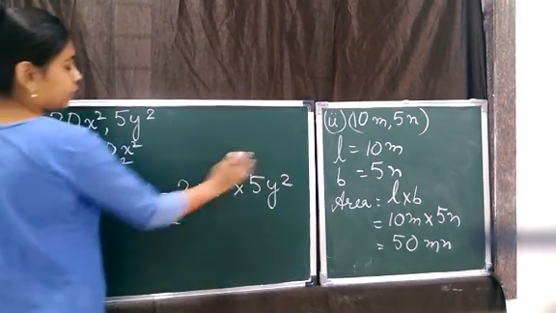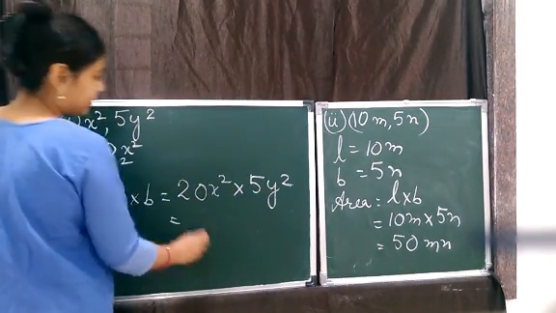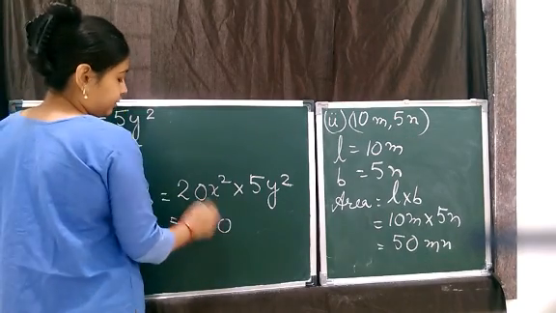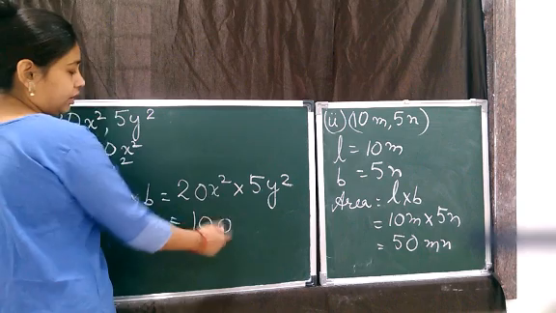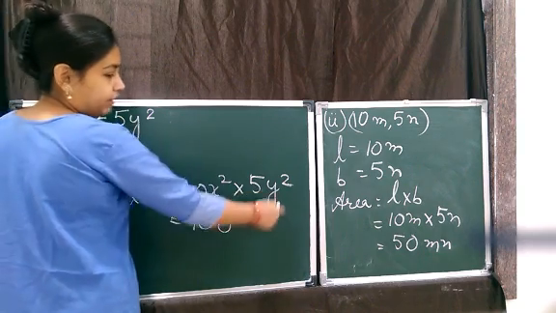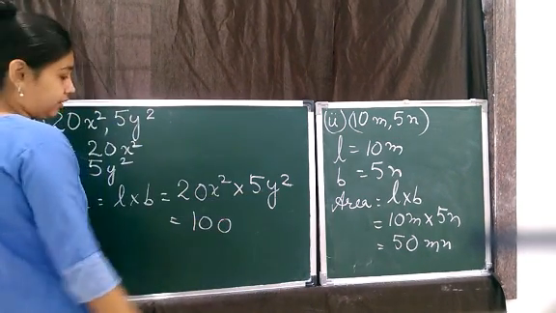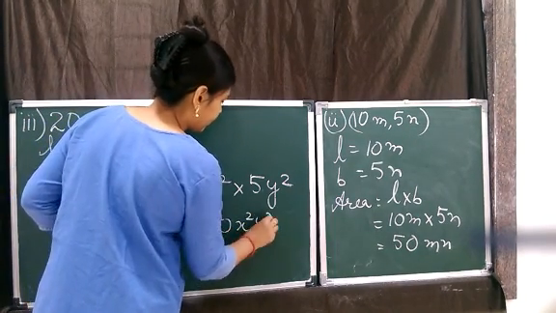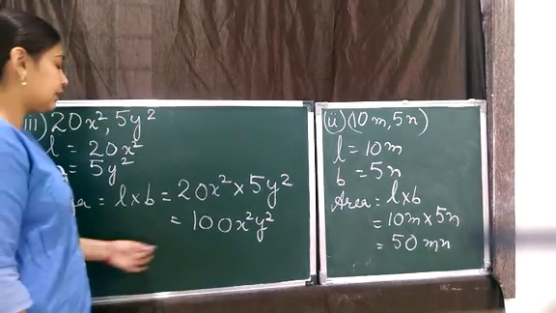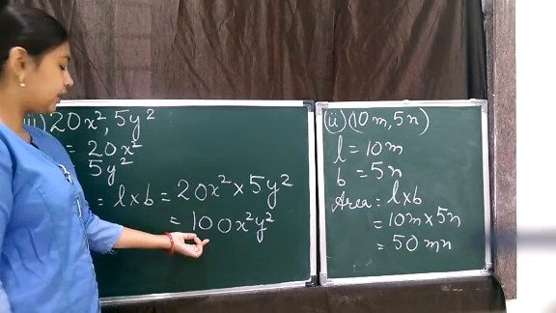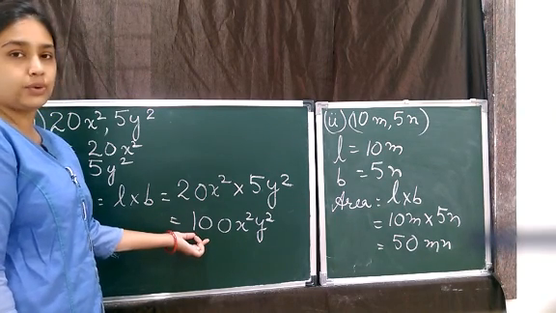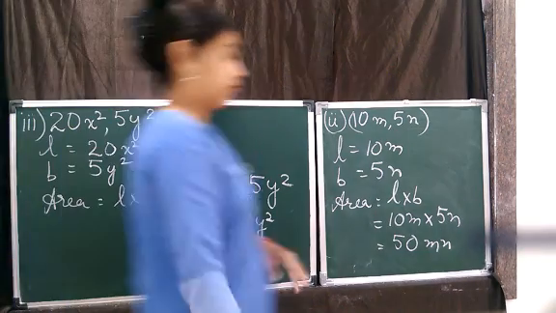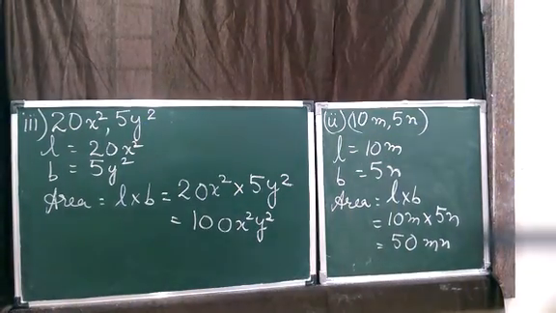Again we multiply the constants, that is 20 into 5 gives us 100. If we don't know, very simple, 5 zeros are 0, 5 twos are 10, so it's 100. Then x square and y square are not the same variable, so they are going to be written together. We are not going to add their powers. So this completes the third one, where the area is 100x square y square, square units.